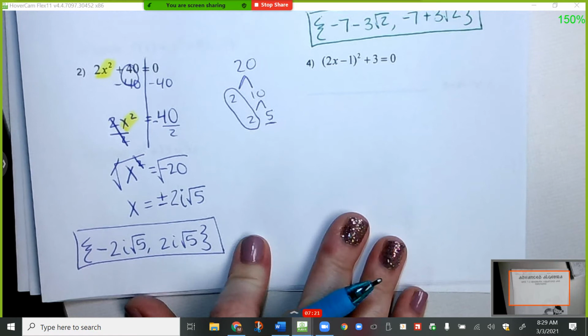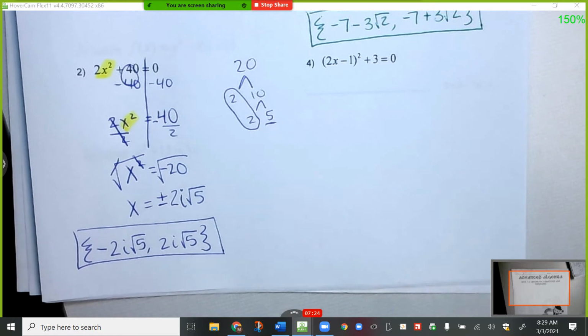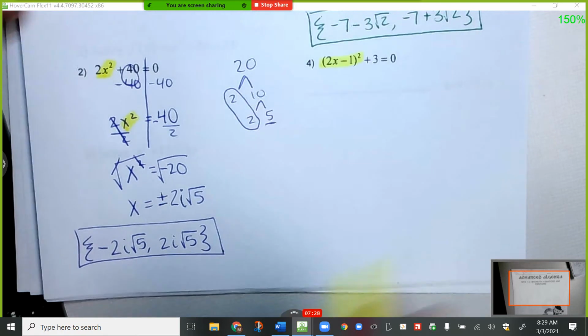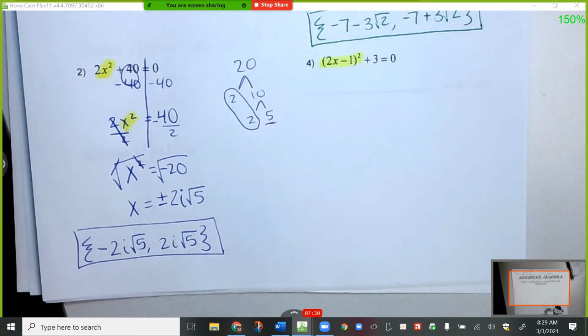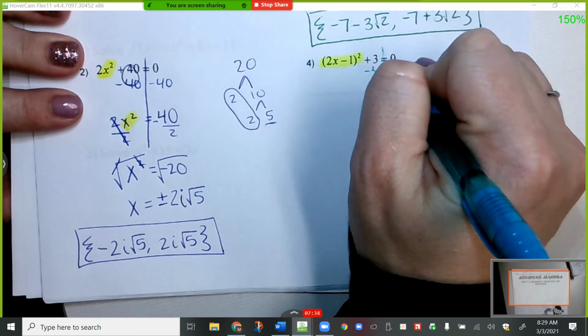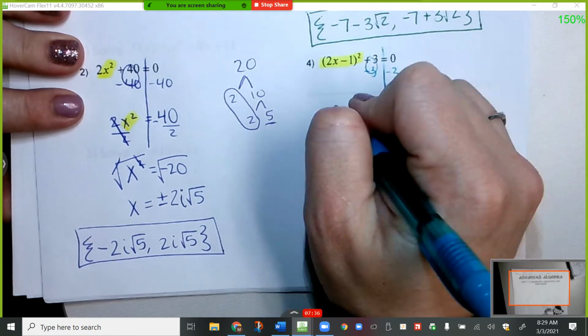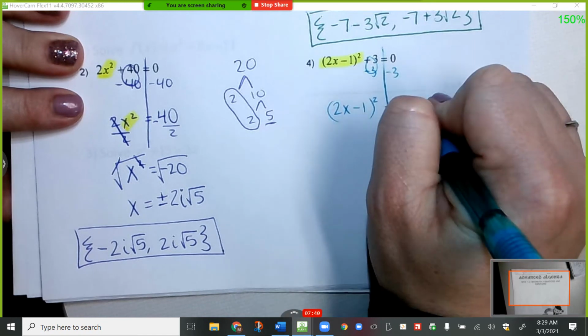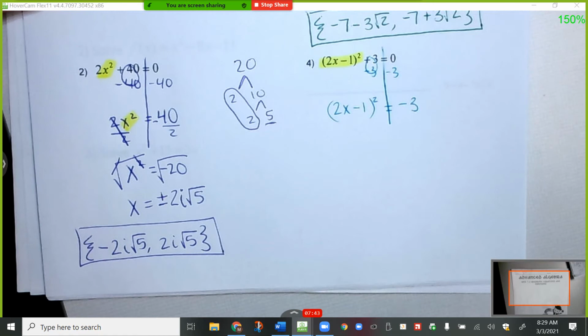Okay, so what do I do here? I need to subtract 3 because what's squared is this, and that's not alone. So I need to subtract the 3 from both sides, and I get 2x minus 1 squared equals negative 3. What's squared is alone.